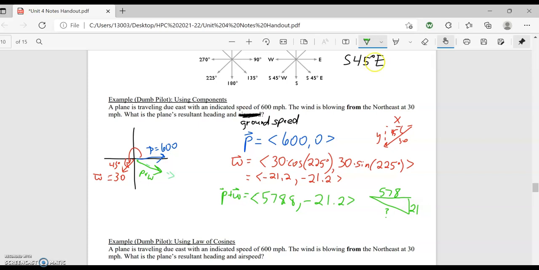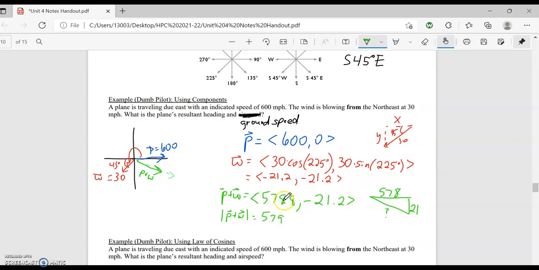So using the Pythagorean theorem, you find that the magnitude of p plus w is 579.